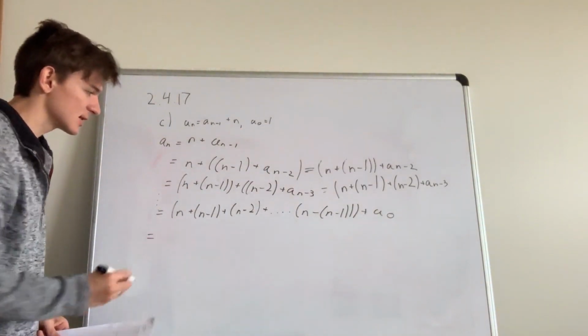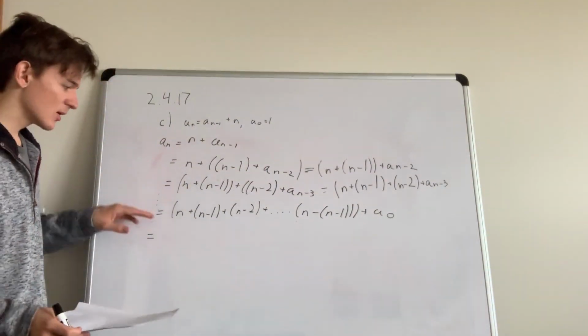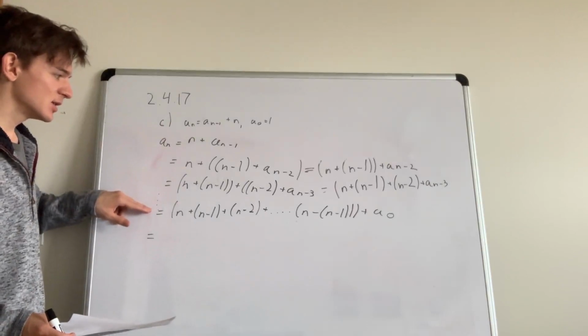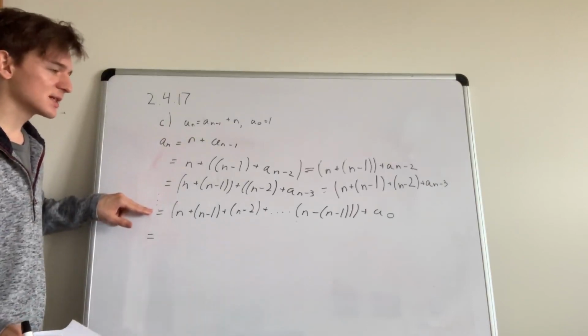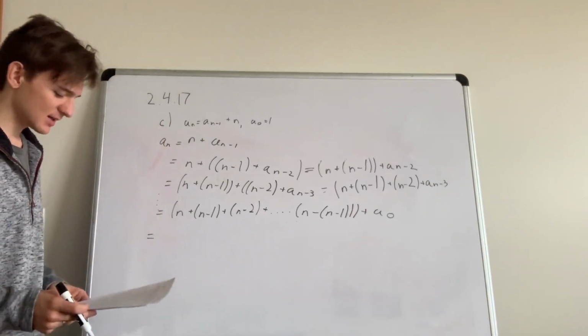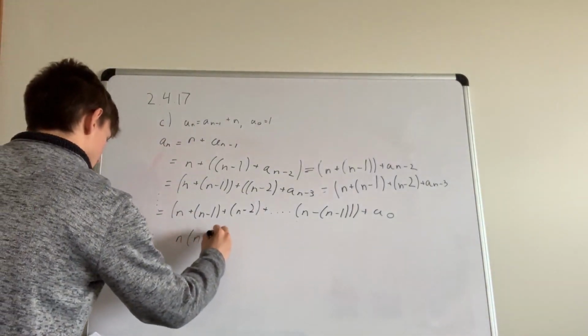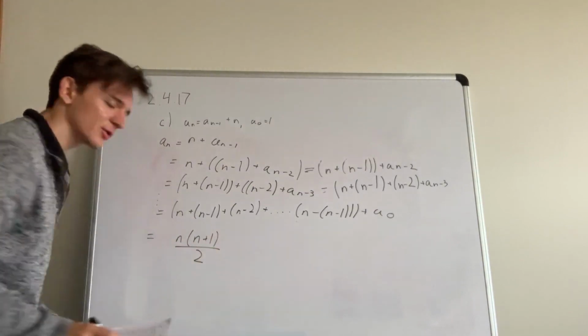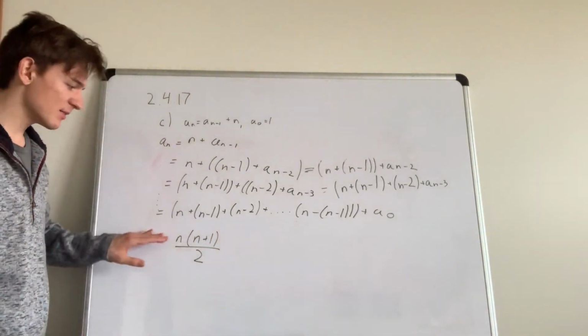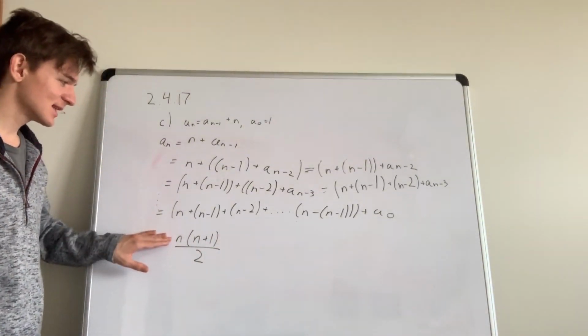So what does this all simplify to? Well, this geometric sequence of sorts just simplifies to n times n plus 1 all over 2, right? And you can kind of have that memorized. That's just the truth.